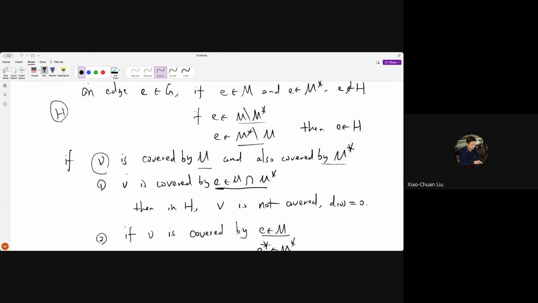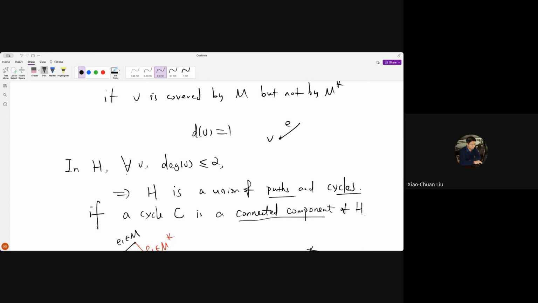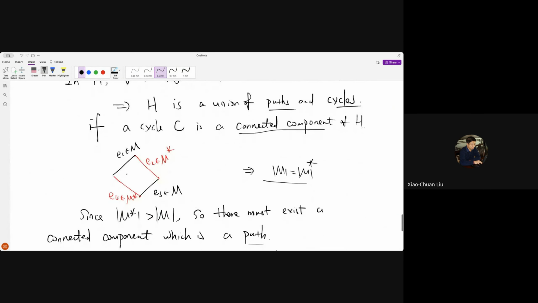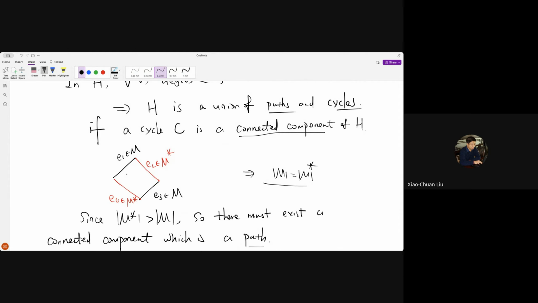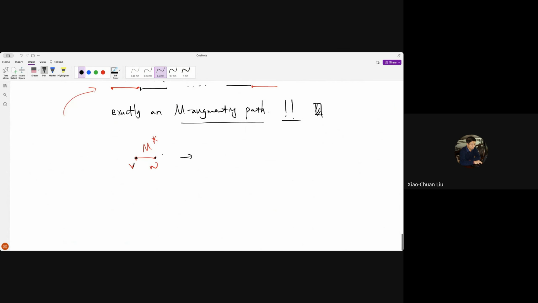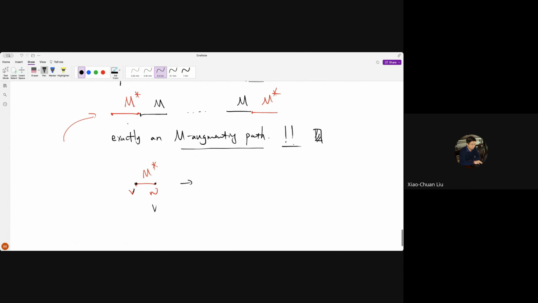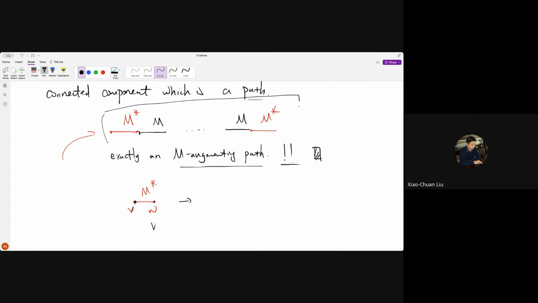Then we conclude that H must be a union of paths and cycles. And we prove that they cannot be all cycles, so there is at least one path. For any path taken, it must be an M augmenting path. There is no other situation. There are no more edges in between. Is it okay?